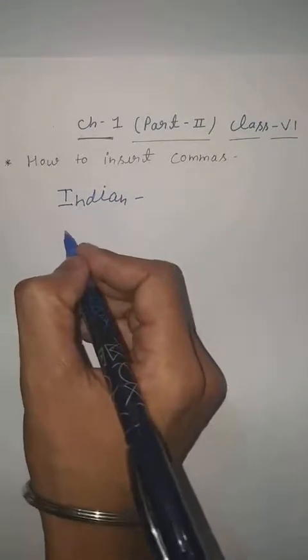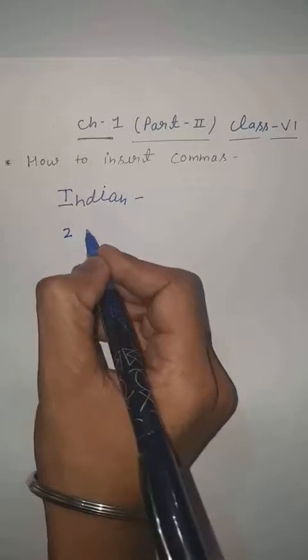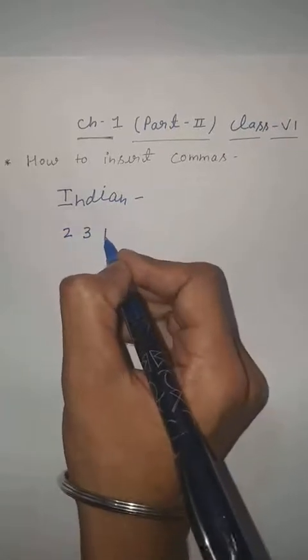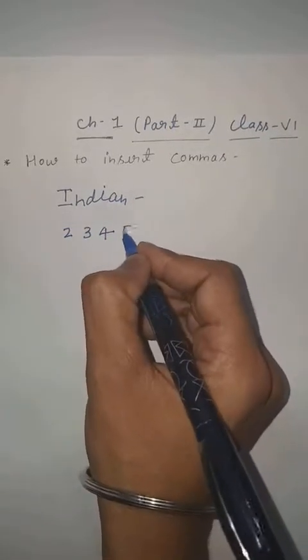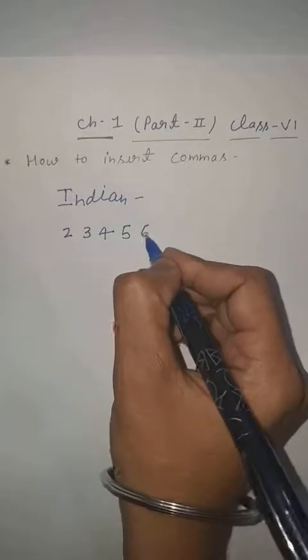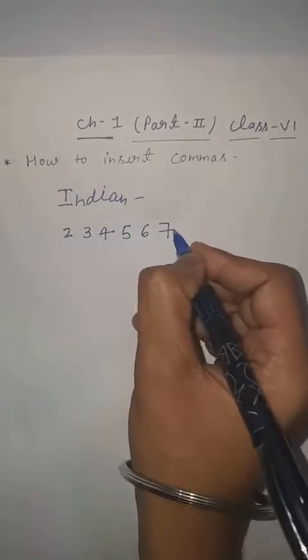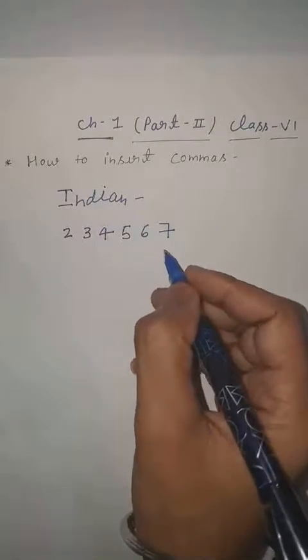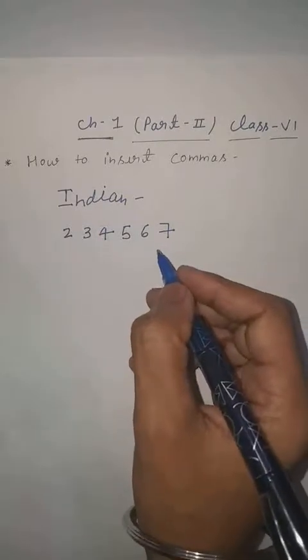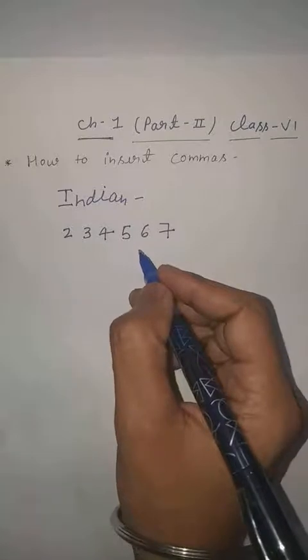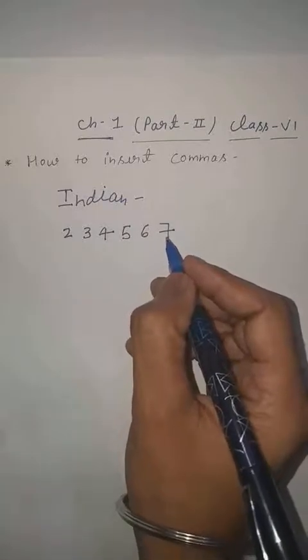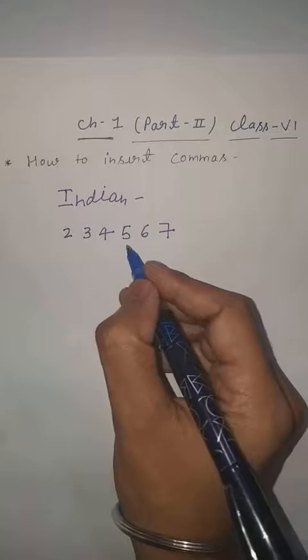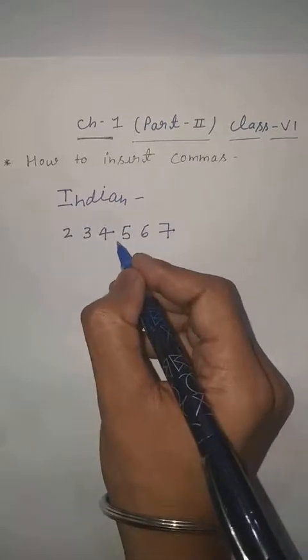So first take an example like 234567. You can take any type of example. Now, in the Indian system, we have to put the first comma after 3 digits, that is, the first digit, second digit and third digit. You will put a comma here.